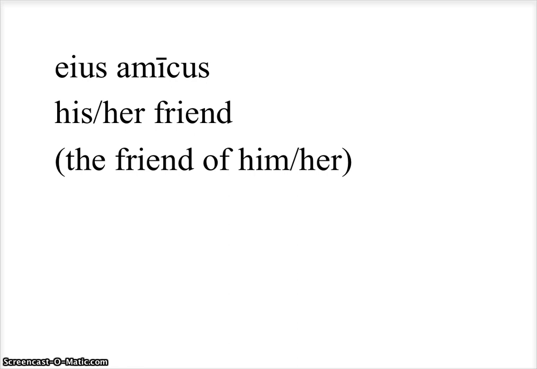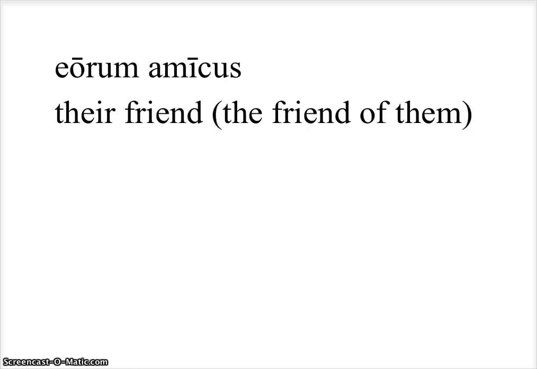So in English we can use the possessive adjective, his friend, or her friend. Notice the plural, eorum amicus, the friend of these people, the friend of those people, the friend of them. So again, we can say their friend.